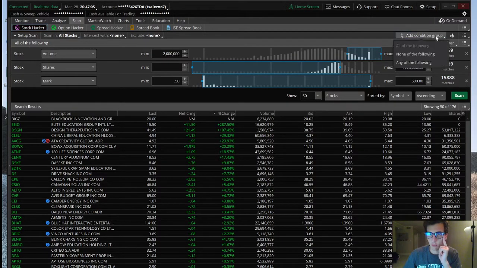You're also going to have multiple condition groups. There's going to be maybe 2 other levels of this group area, and make sure you delete those by clicking delete.